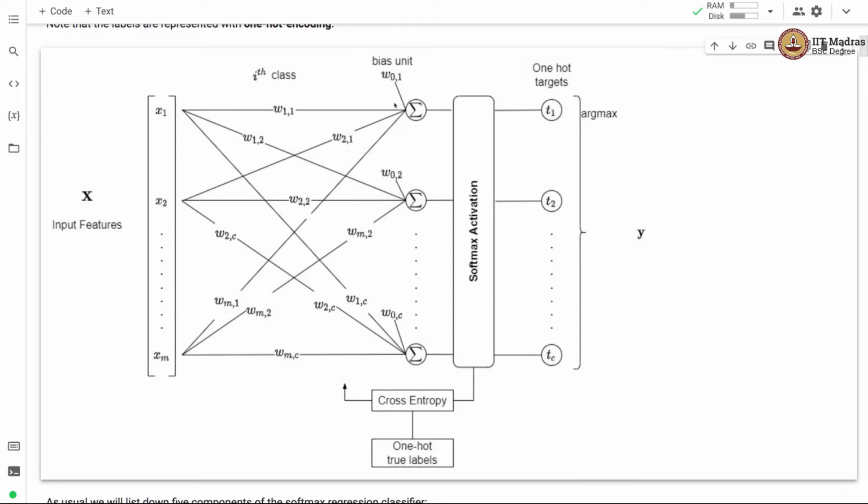So there are C linear combinations happening, and every feature participates in these C linear combinations. Then these linear combinations are used inside the softmax activation, which gives us C different values which are probabilities of an example belonging to the respective class label.